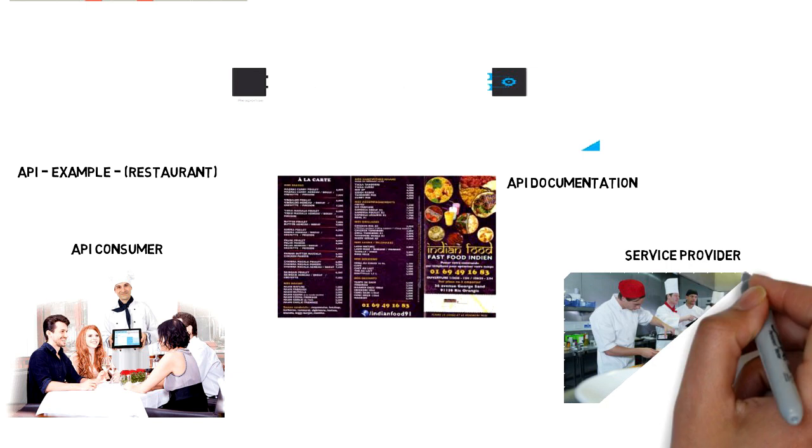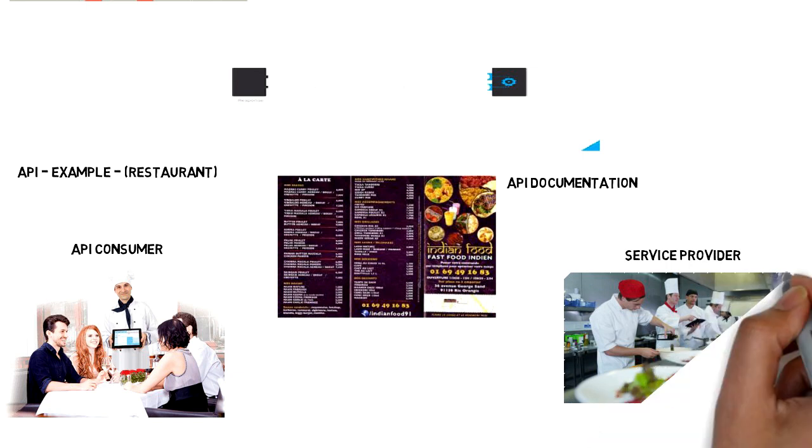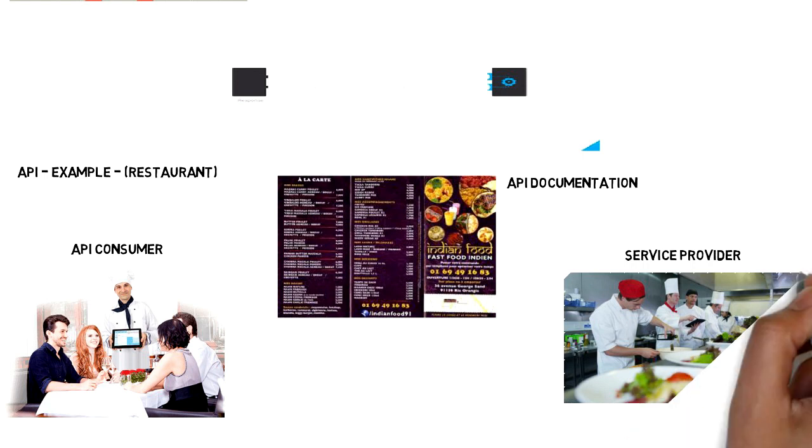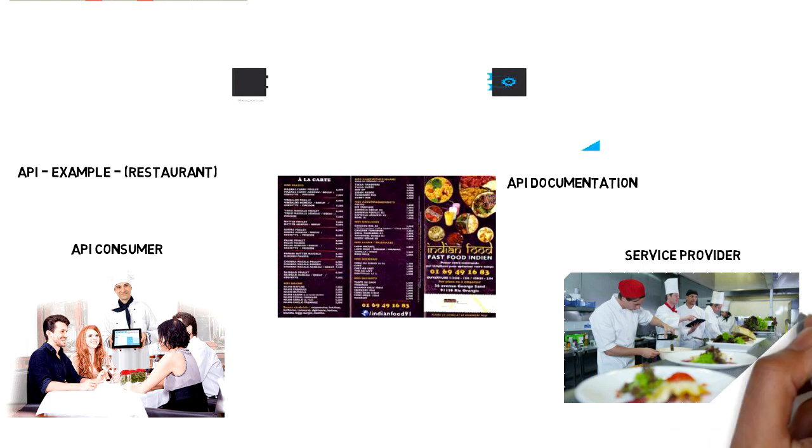So now we can easily compare this to the API. The group of friends who came to the restaurant to have food, we can compare with the API consumer. They want something, they are ready to pay without bothering who's going to prepare it. So they came to the restaurant, ordered it, and they had the food and paid the bill and left the restaurant.